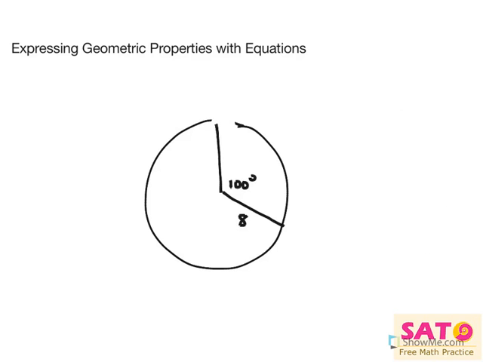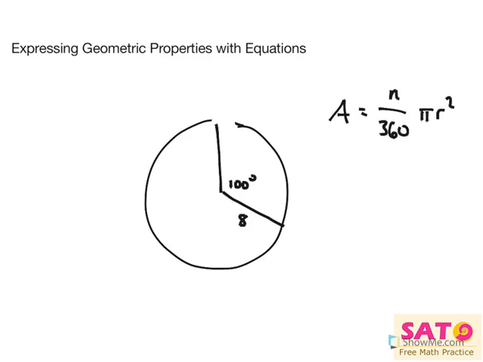So let's find the area of a sector of this circle. We have all the given information, and the formula would be area of the sector equals n, the value of the central angle, over 360 for degrees, times pi r squared.